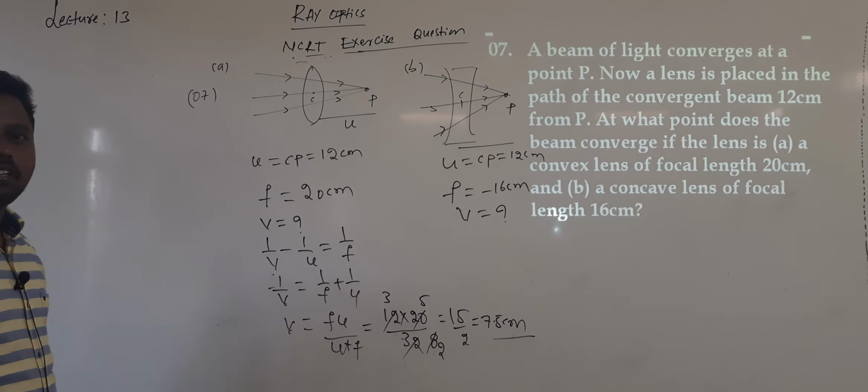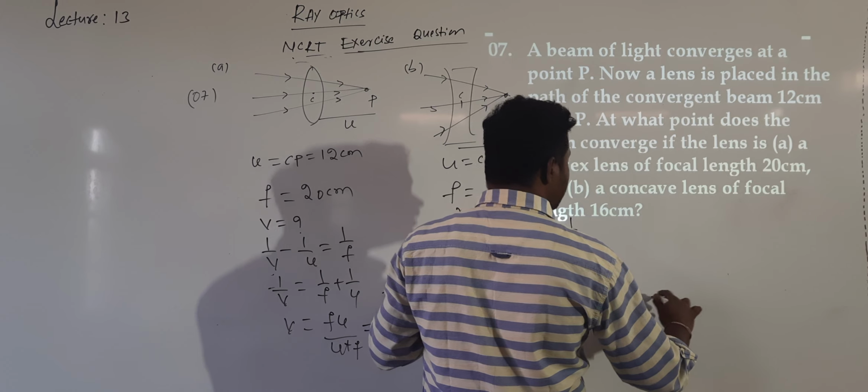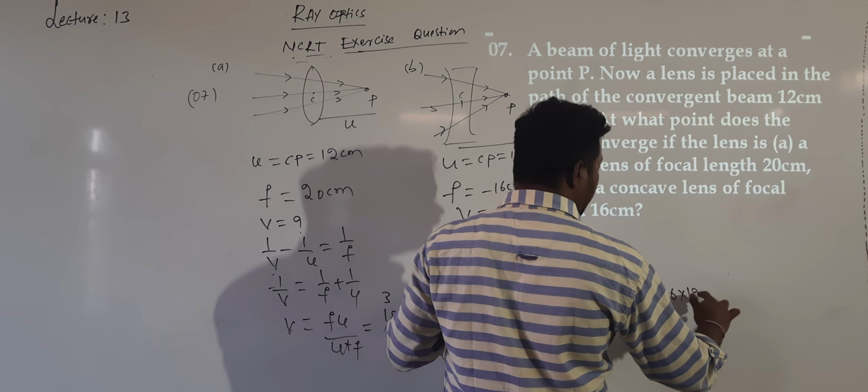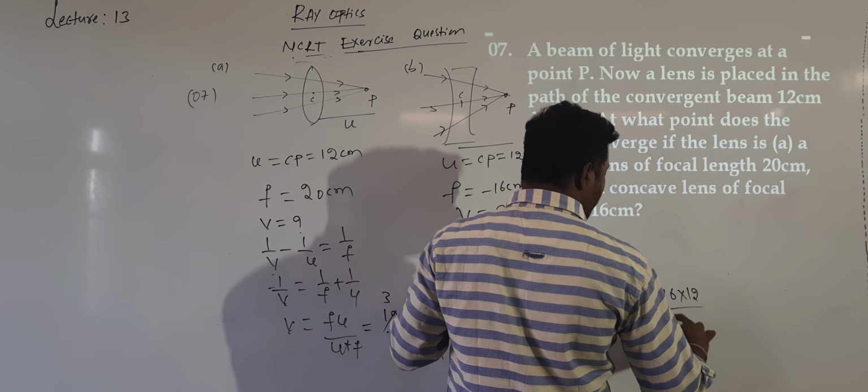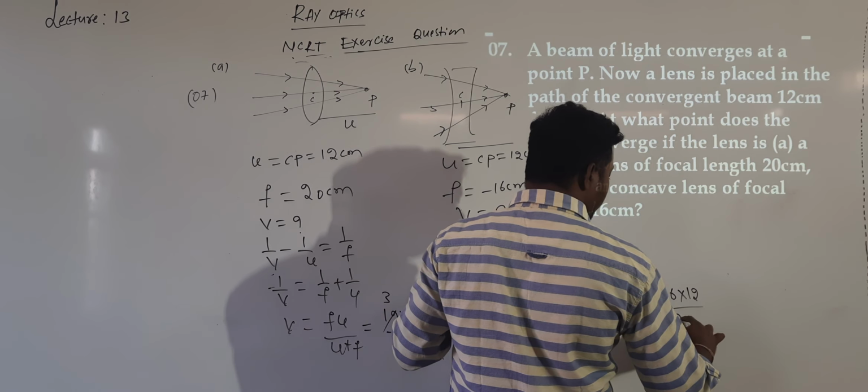Understood? And similarly for here, same formula, 1 by V minus 1 by U is equal to 1 by F. Then 1 by V value is 1 by F plus 1 by U. Then V value is F into U by U plus F. Then F value is minus 16 into U value 12 divided by 12 minus 16.